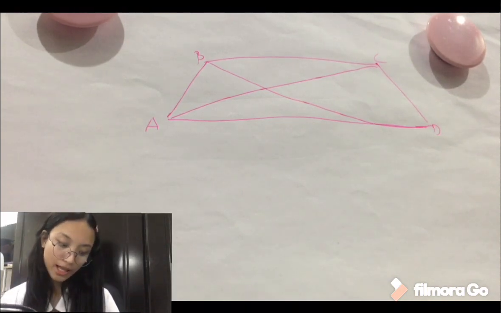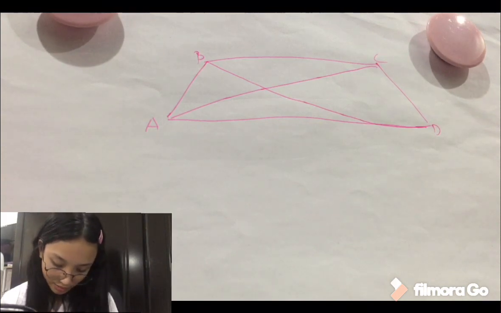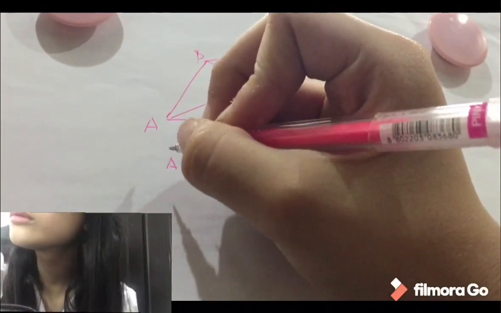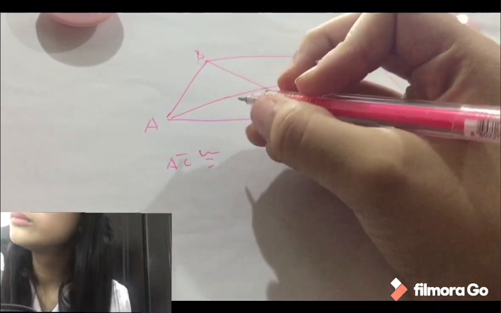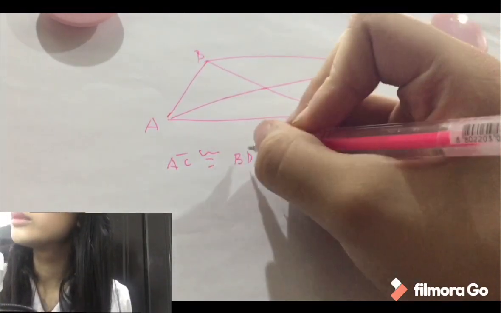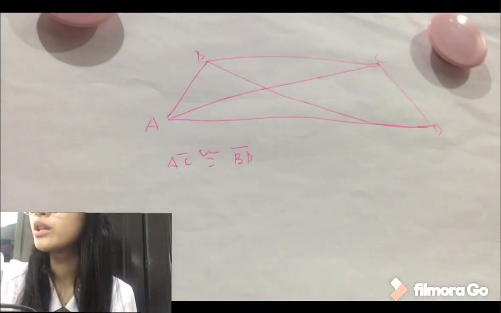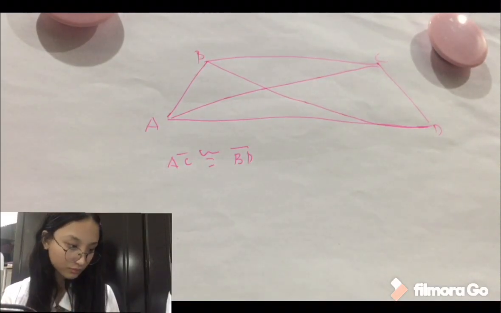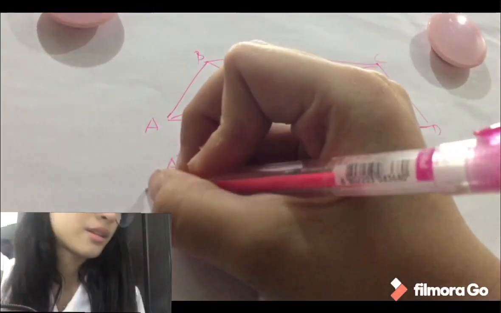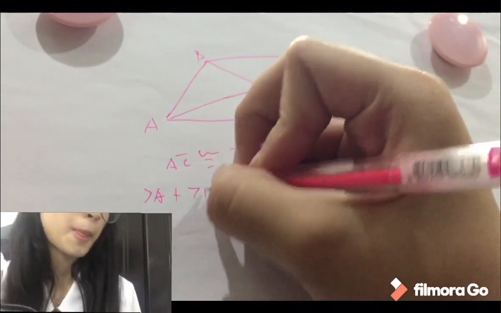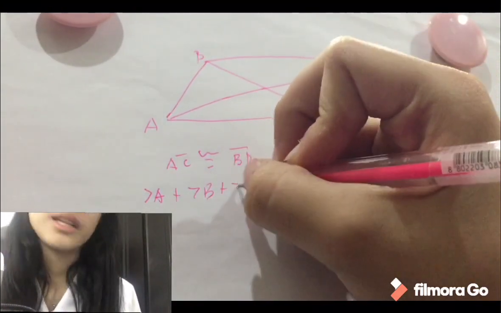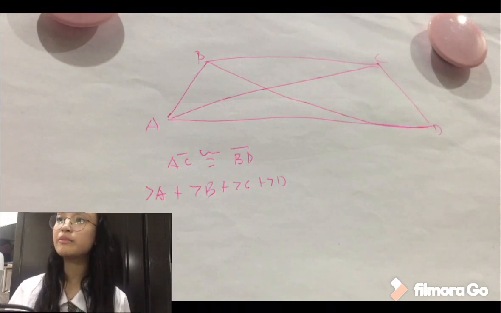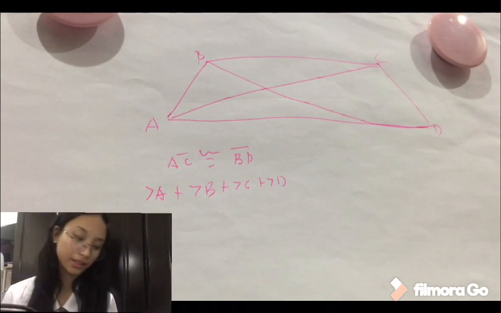Now we have a quadrilateral, a four-sided figure. The sum of all four angles must add to 360. So angle A plus angle B plus angle C plus angle D must add to 360.